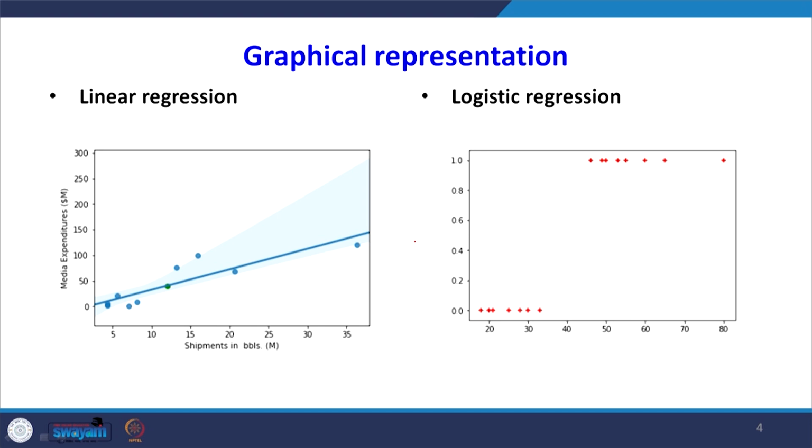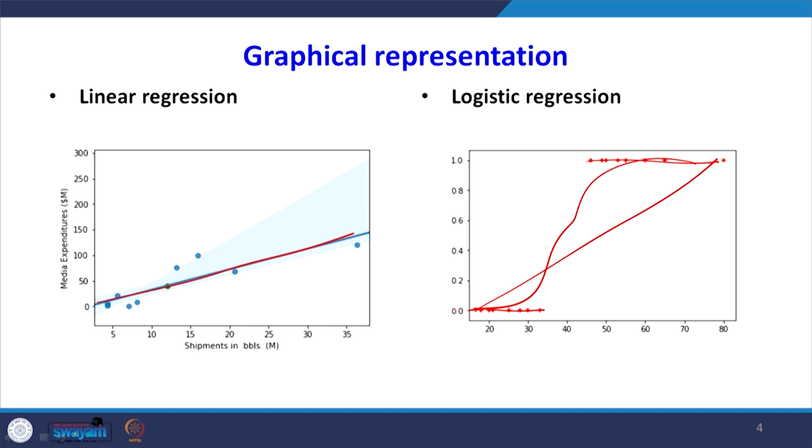Another difference is, if you plot a simple independent variable and the dependent variable for linear regression, you may be able to connect all the points this way. But in logistic regression, the value of y can have only two possibilities, maybe 0 or 1, so you may get this kind of relationship. The meaning here is that you cannot form a linear relationship this way; you have to form a kind of S-shaped curve.